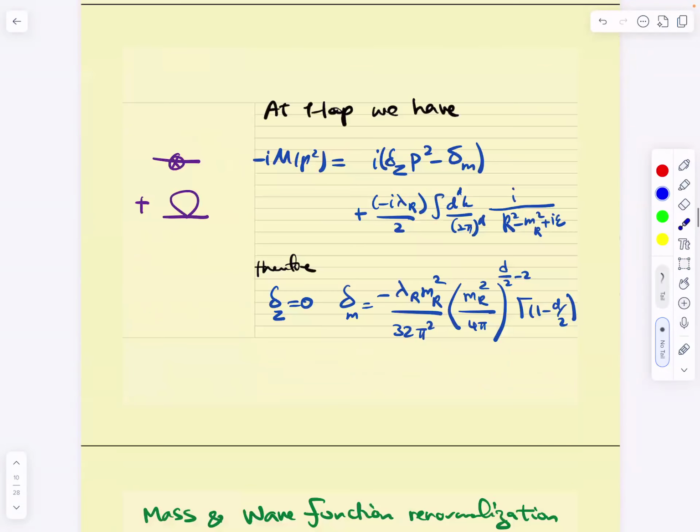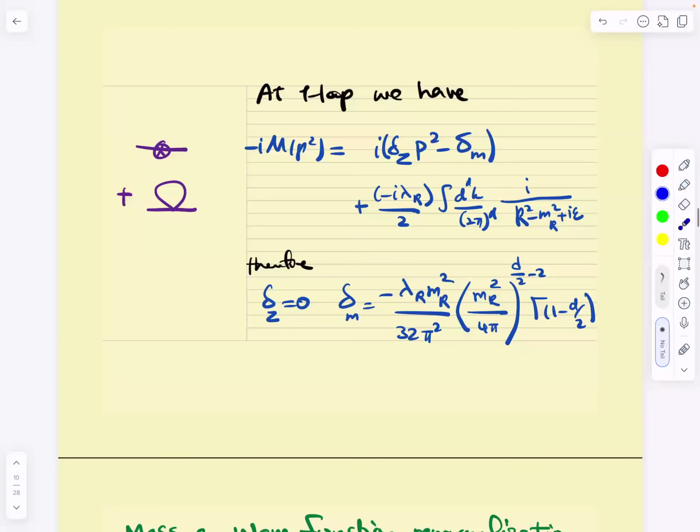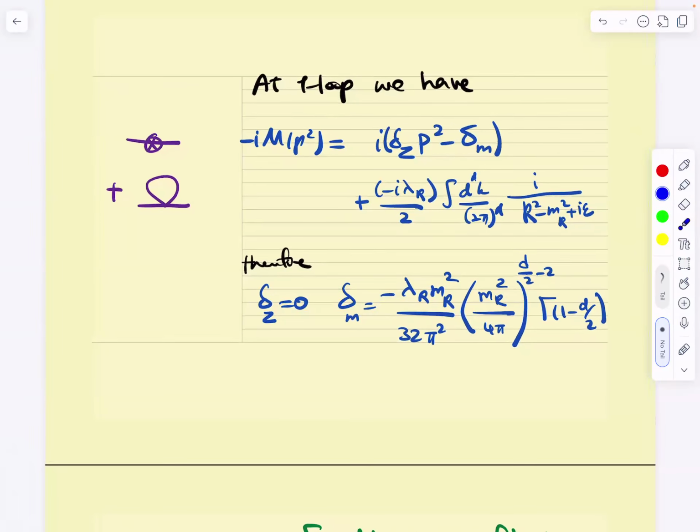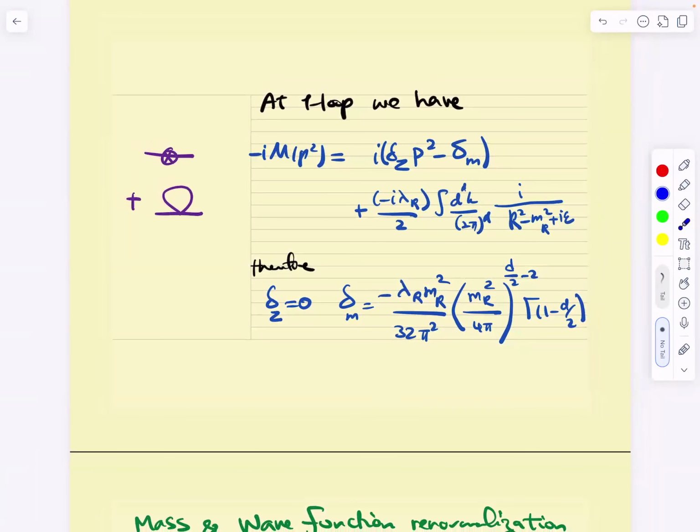We're going to see more examples of this. Another way of saying it is the following: let's look at the dimensionality of delta m. What is the dimensionality of delta m?